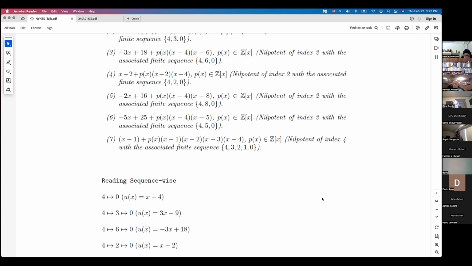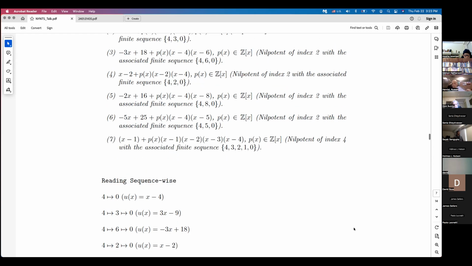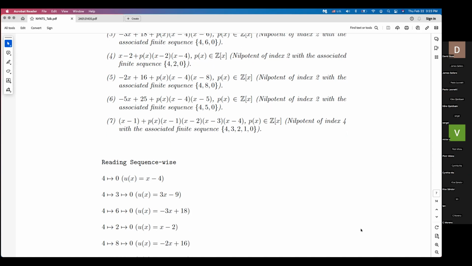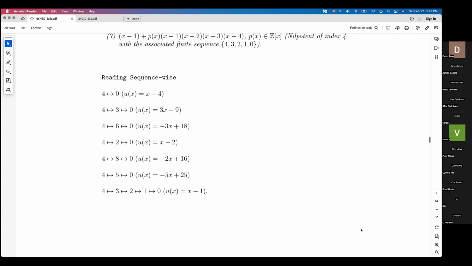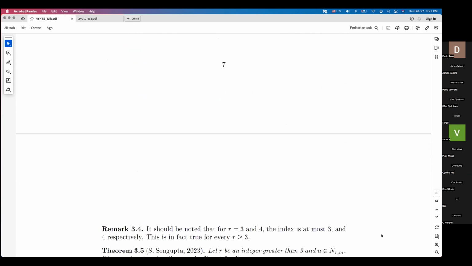So this is the question, is this true? I have no proof of that, but it is definitely true for R equals 4. It's definitely true for R equals 5. I have not checked 6, but I believe it will be true.